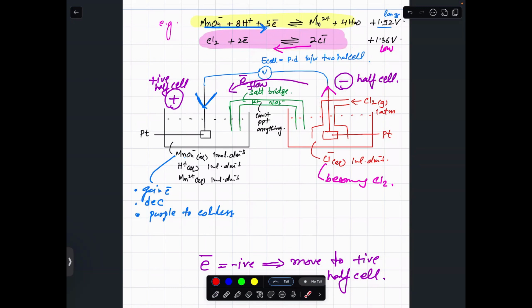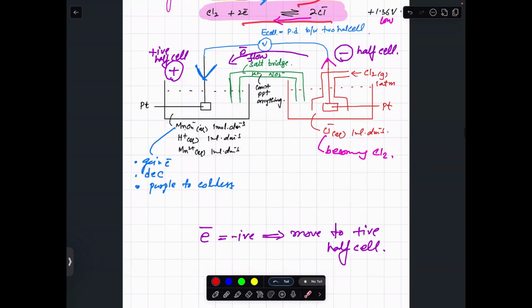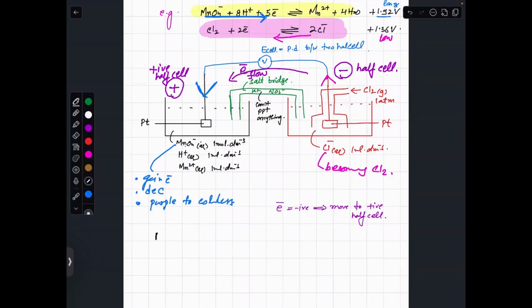Now the last thing, I'm going to construct the equation and the E cell. So this one is going in the forward direction, this one is going in the backward. MnO4 minus plus 8H plus plus 5 electron. One thing we should do before writing this equation: this one is gaining 5 and this one is losing 2.